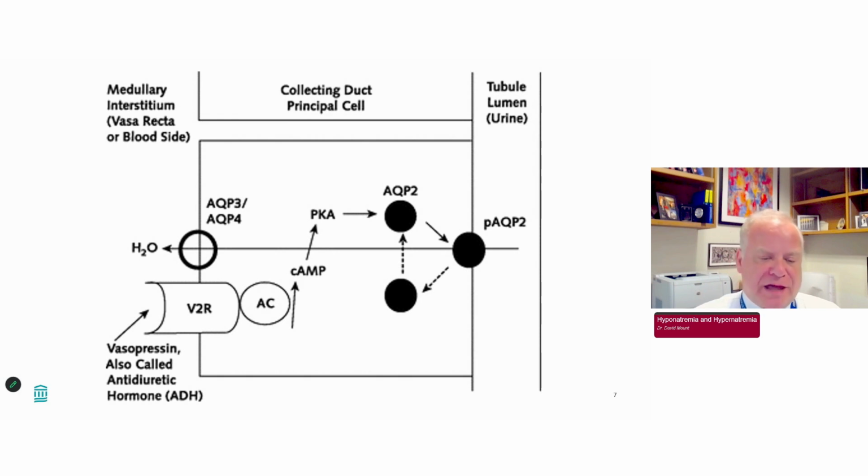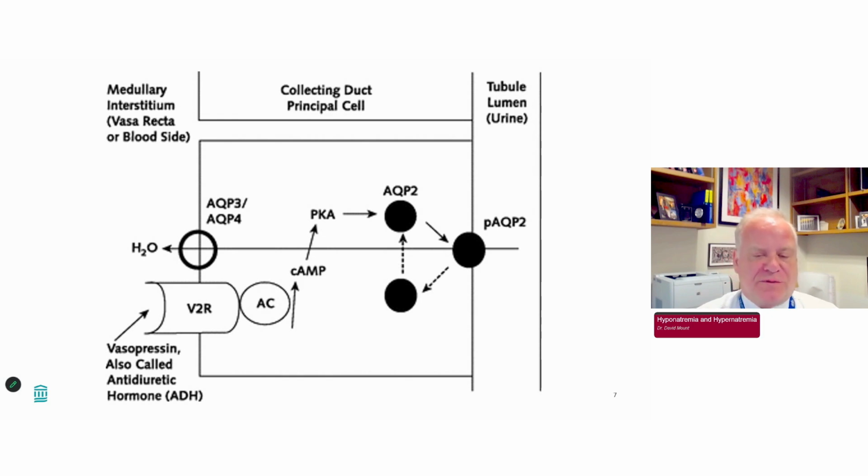The final common pathway, though, is really the collecting duct principal cells and connecting tubule principal cells, where the V2 receptor turns on cyclic AMP generation that turns on protein kinase A, and through that influence makes aquaporin 2 and phosphorylated aquaporin 2 shuttle to the apical membrane.